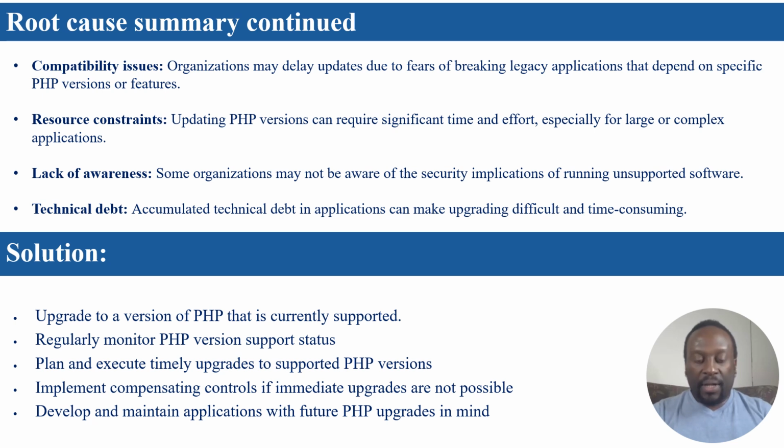This problem can be solved by regularly monitoring the PHP versions for support status, upgrading to versions that are currently supported, planning and executing timely upgrades, implementing compensating controls if immediate upgrades are not possible, and developing and maintaining applications with future PHP upgrades in mind.